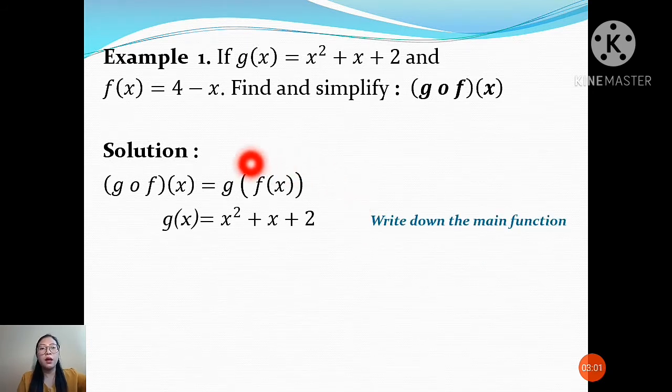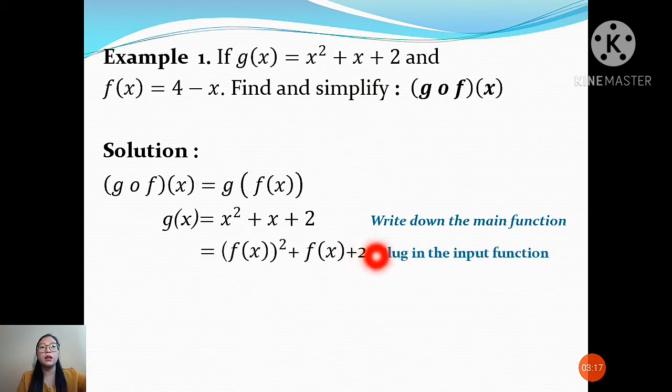In this problem the main function is g(x), which is given: x² + x + 2. Then next is plug in the input function. In this problem, the input function is f(x), so we substitute this for x, so it will become (f(x))² + f(x) + 2.